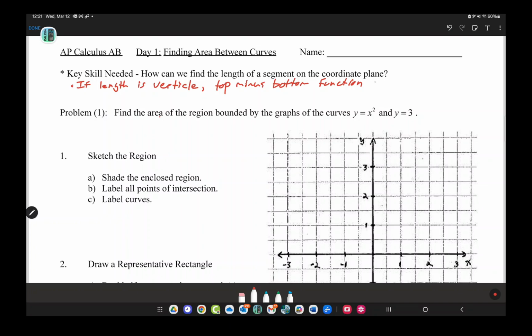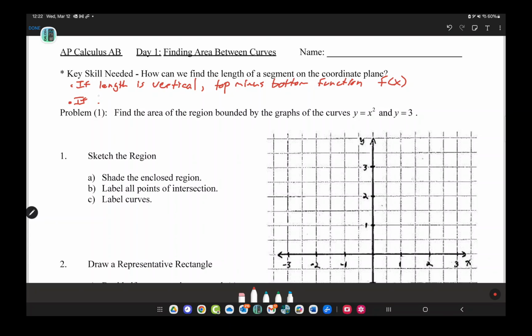Key to this is these functions, if we're doing top minus bottom, will be in terms of f of x. Because what is y equal to? f of x. If it's the top y minus the bottom y, then it's f of x minus f of x. So, that's how you spell vertical. I told you at the beginning of the year, one thing I can't spell.